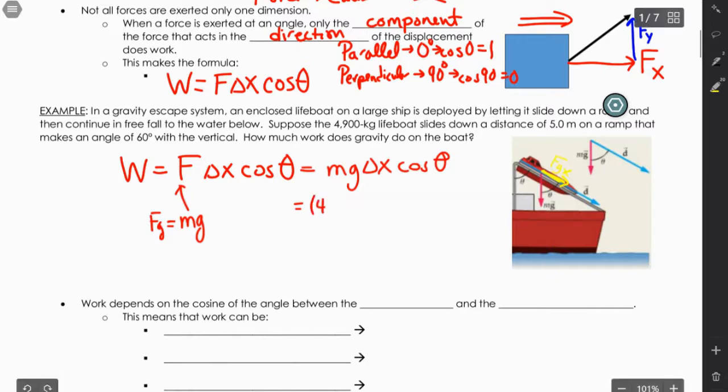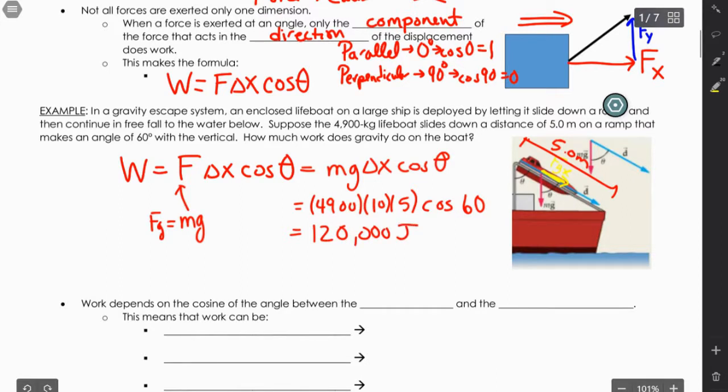So it's 4,900 times 10, and it's going to travel a distance of 5 meters, cosine, and they tell us this is at an angle of 60 degrees. And so when you calculate this all out, you're going to get that gravity will do 120,000 joules of work on the boat, dropping it down into the water.